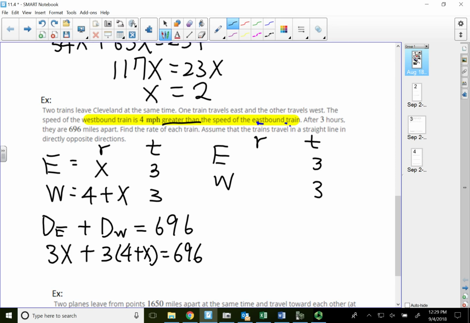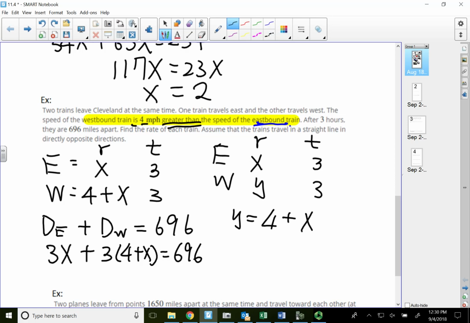So let's say the eastbound train is x, westbound train is y. My first equation got to be regarding the translation here. Westbound train, so this is about speed, right? So the speed of the westbound train, that's y. Is means equal, I write equal. Greater than, I write plus 4. Plus who? Plus the speed of the eastbound train, which I call x.